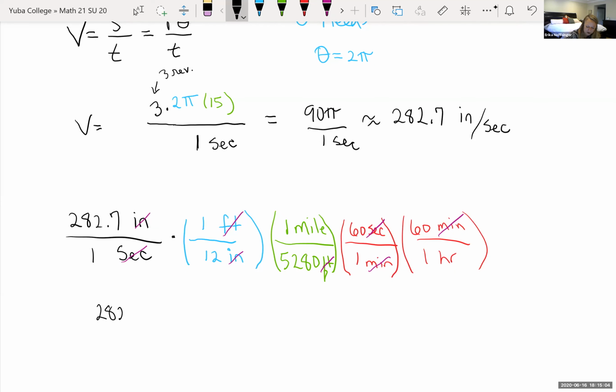And so I would be left with approximately 282.7, all times 1 times 1 times 60 times 60 in my numerator, all over 1 times 12 times 5,280 in my denominator.